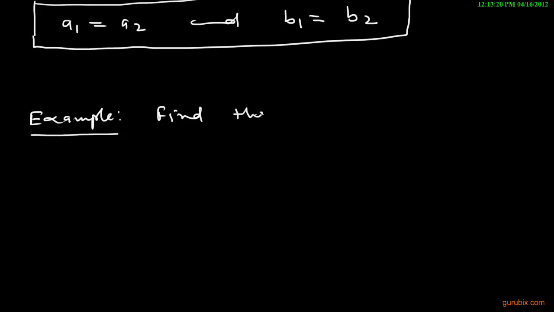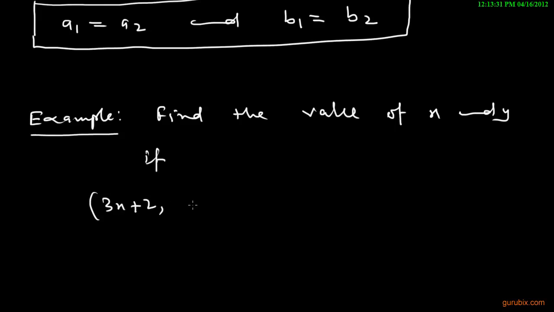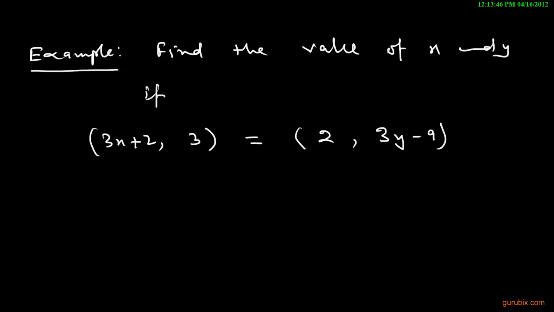Find the value of x and y if (3x + 2, 3) is equal to (2, 3y - 9). If these two ordered pairs are equal, then find the value of x and y.